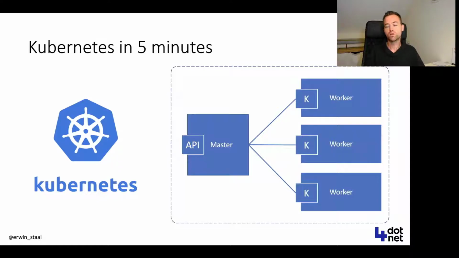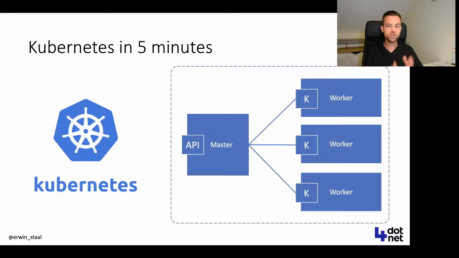But running just one container isn't that useful, especially not in production, where we want things like high availability and fault tolerance. So that's where a container orchestrator comes in. And Kubernetes is by far the most popular, most well-known container orchestrator out there. Kubernetes basically consists of two main components, which are the masters and the workers.